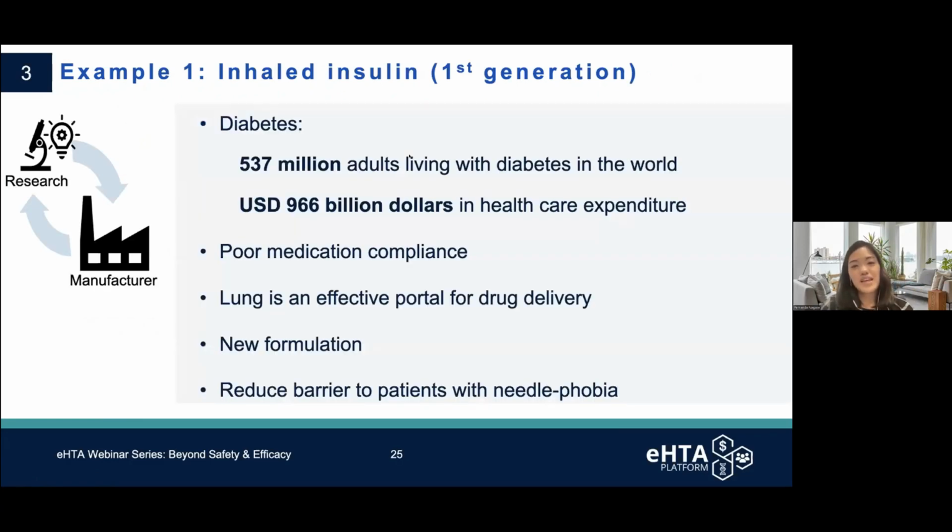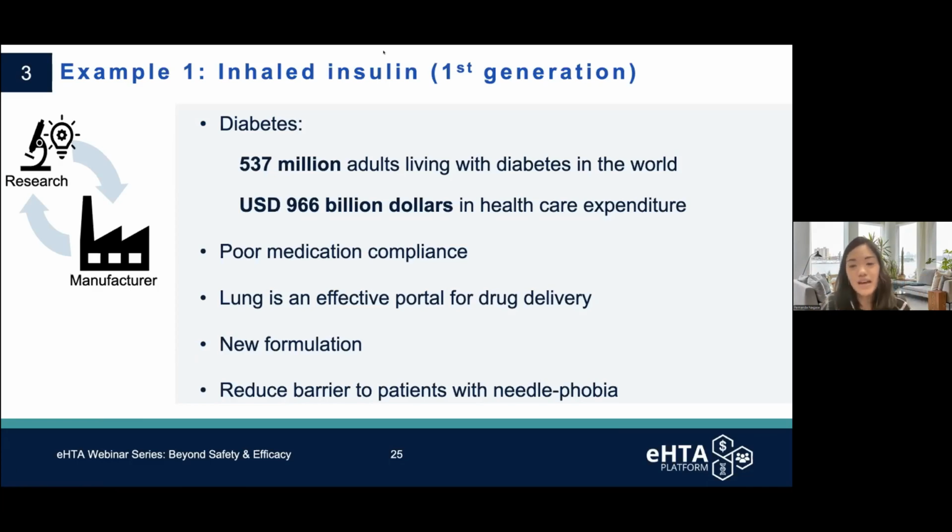The discovery of insulin in the 20s was a significant breakthrough in the fight against diabetes. It was all thanks to researchers right here in Canada, more specifically in Toronto. And thanks to that, many patients with diabetes were able to survive. And to this day, insulin remains a cornerstone of diabetes management.